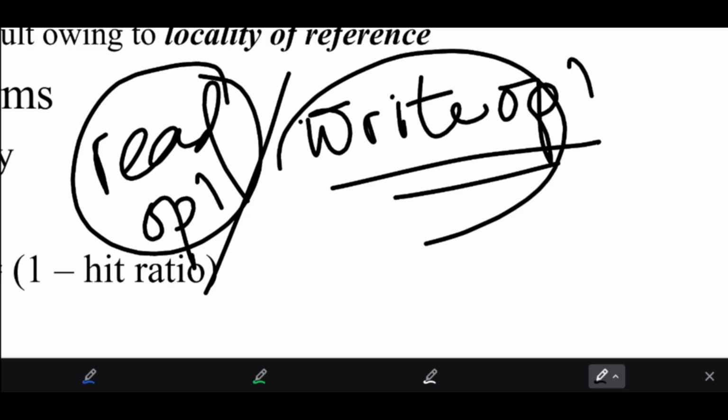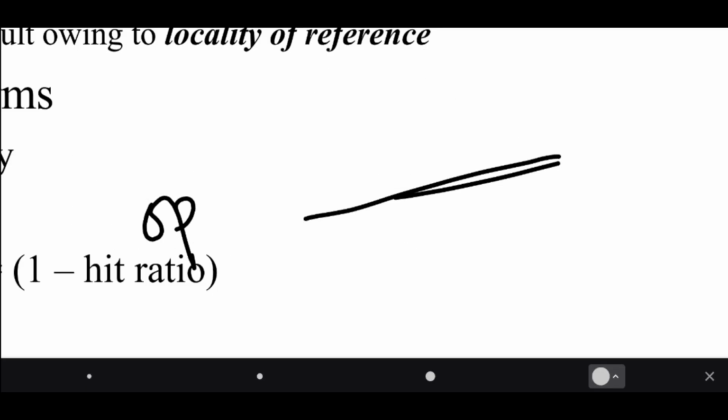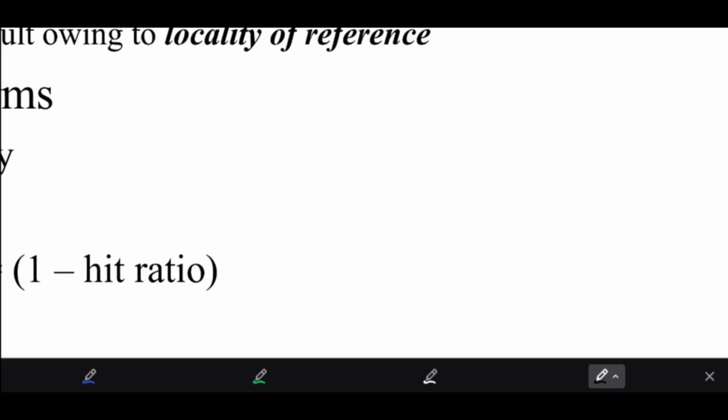Then let's go towards our write operation. Write occurs from our CPU. The write signal goes to the main memory. The data is written in our cache and main memory. While we are writing the data in cache memory, if the data is already present in the cache, then it's a write hit.